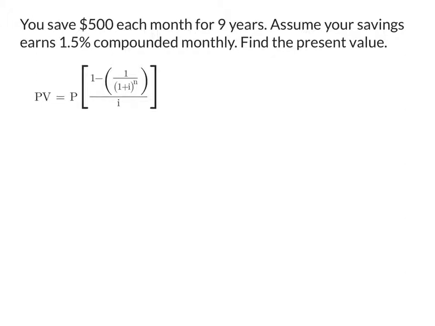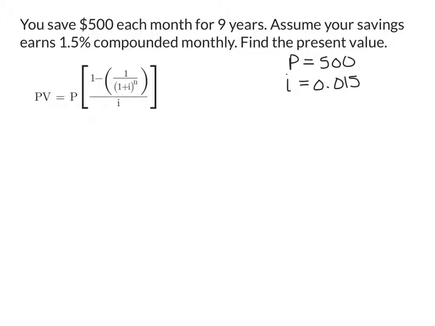So P is given to us in the problem, and that's $500. I is found by taking the interest rate, which is 1.5%, and remember we want to write percents as decimals, so 1.5 divided by 100 will give us a decimal of 0.015.